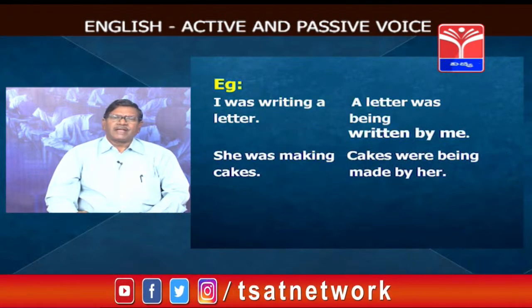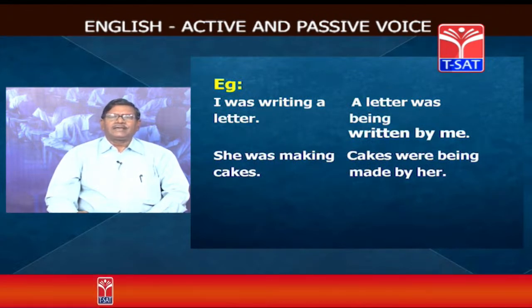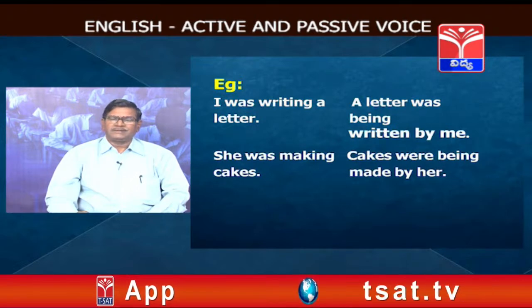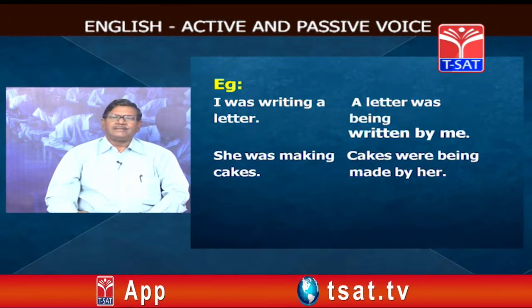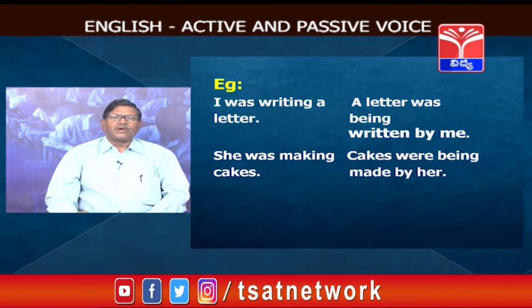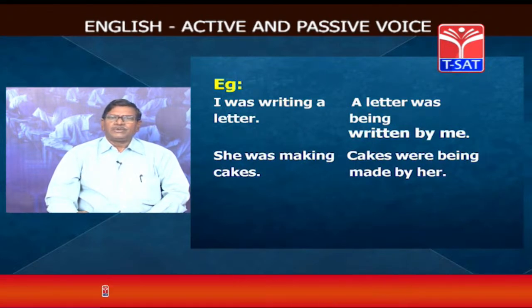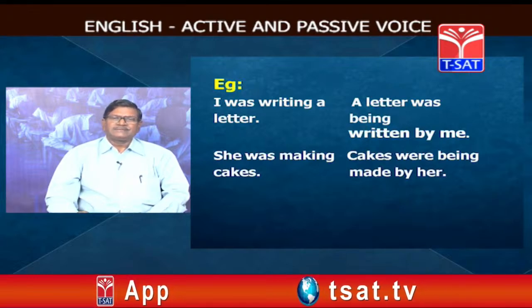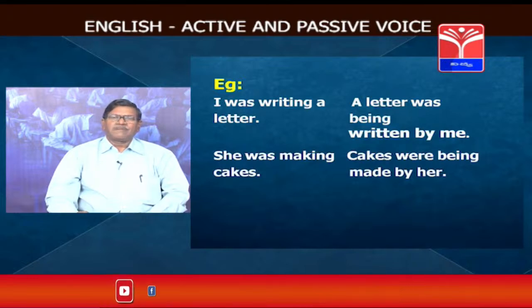See, I was writing a letter. A letter is singular. Therefore, a letter was being written by me. If it is letters, then letters were being written by me. See, in the second sentence, we have a plural object. That plural object becomes the plural subject in passive voice. She was making cakes. Cakes comes to the subject place because it is plural.